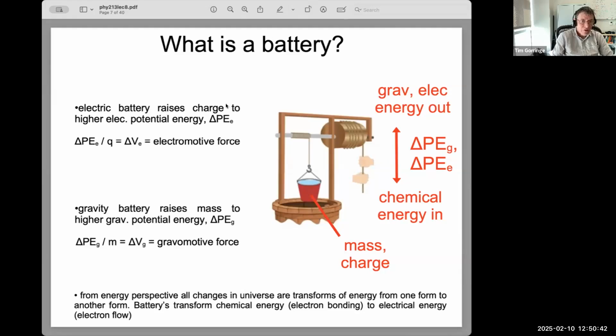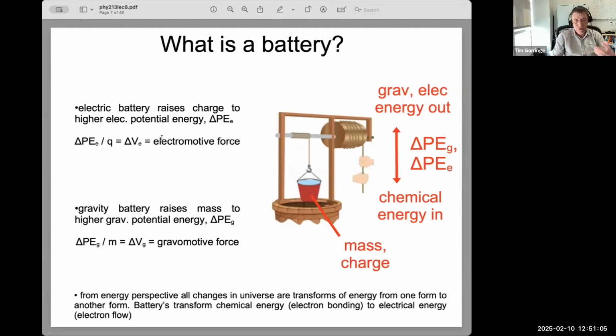In the case of the battery, we can write down the following equation for the workings of the battery in terms of what we call the electromotive force. And downstairs, I've written an equivalent equation for the working of the gravitational battery in terms of what I call a gravimotive force.